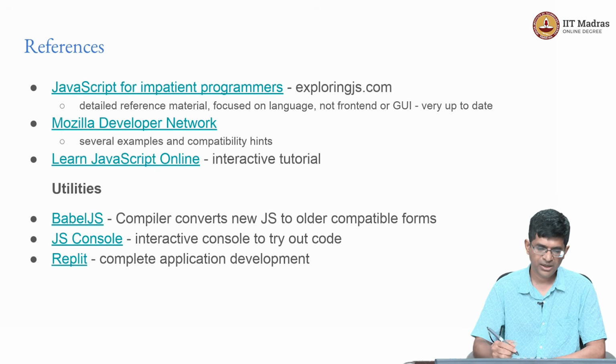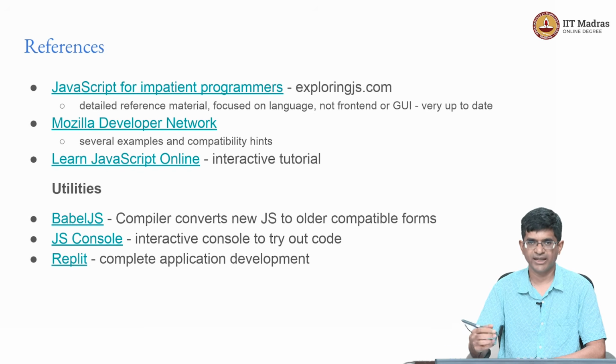Right. Apart from this, there are a few utilities that are worth pointing out. I'd also already mentioned Babel JS, right? It's a compiler that converts newer forms of JavaScript, things that might not be supported in some of the older browsers, into forms that are compatible with older browsers, right? So it's basically a compiler, or in some cases, people might even call it a transpiler, a translating compiler, right?